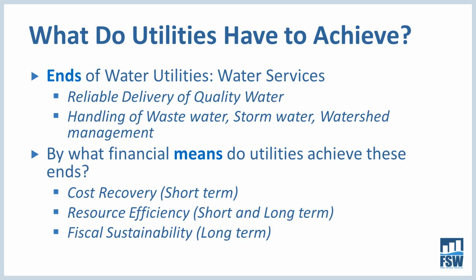What are the financial means that utilities achieve these ends? These include being able to recover your cost in the short term and achieving resource efficiency both in the near and long term, and being fiscally sustainable, about which I'll say more later. Next slide.